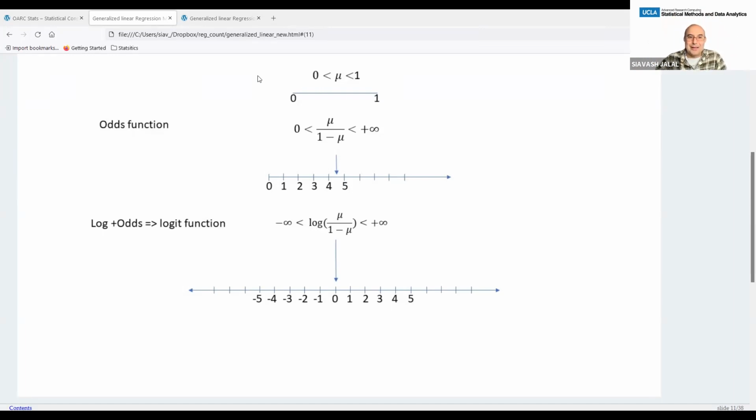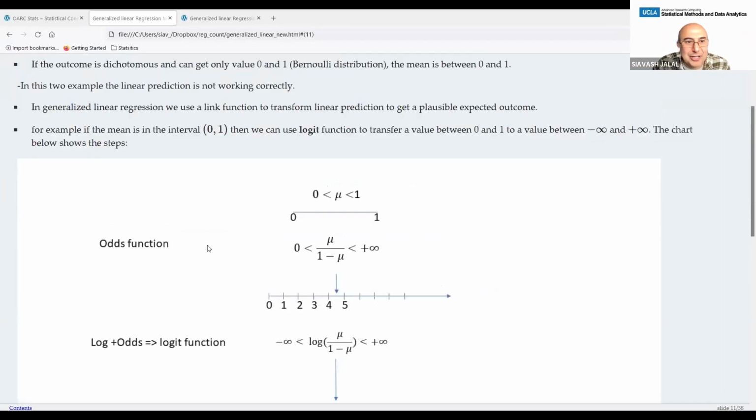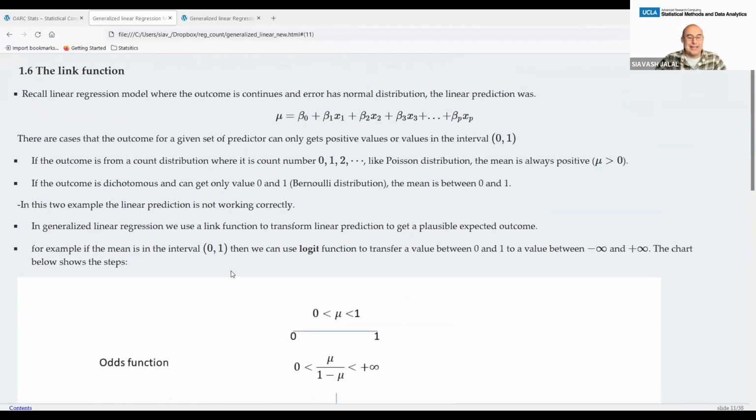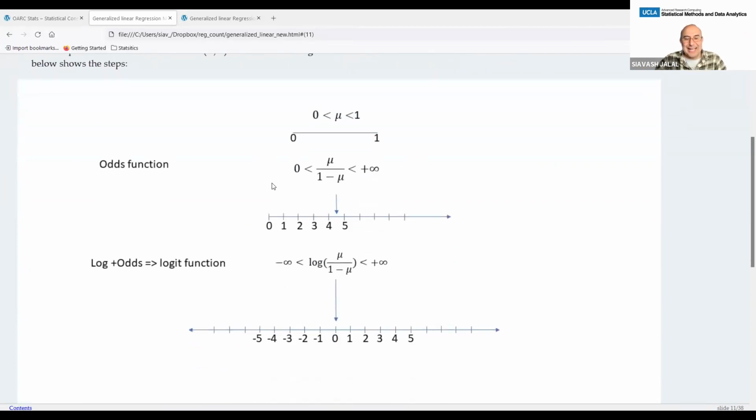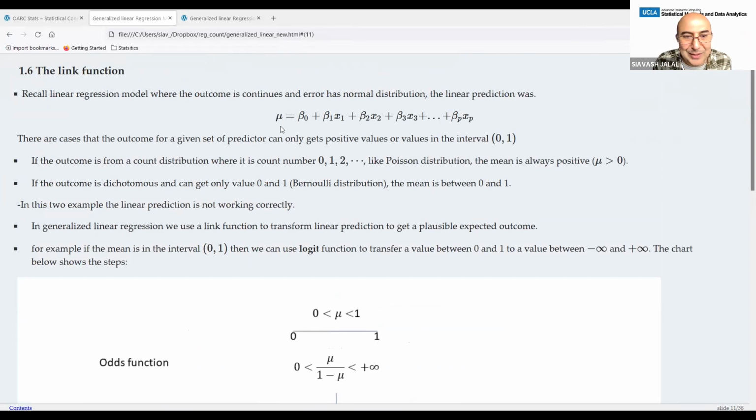This kind of transformation was come up with by smart people years ago, but it is not necessarily the only way you can transform this. For example, there is a probit model, logistic regression with probit link. We call those link functions.